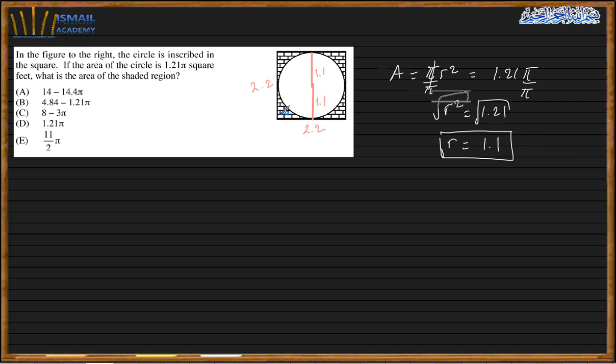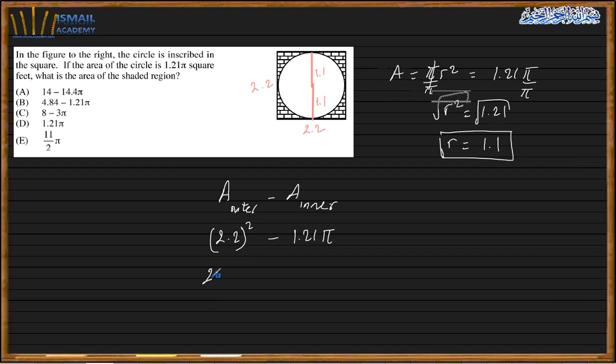Now to find the shaded region, like I said, the outer minus the inner. We already know the inner, so we just need the outer, which is side times side. The shaded region is the area of the outer minus the area of the inner. The area of the inner is already given, 1.21 pi, and the area of the outer is 2.2 squared, because this is the area of a square.